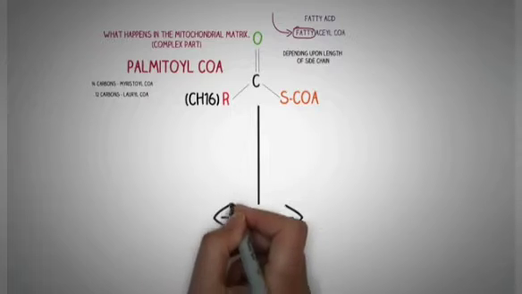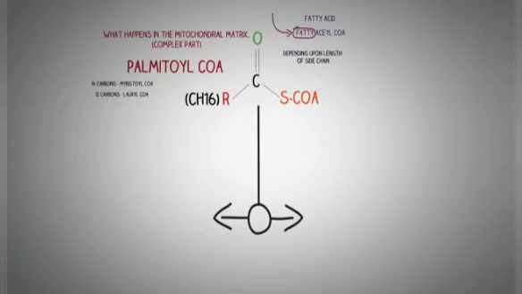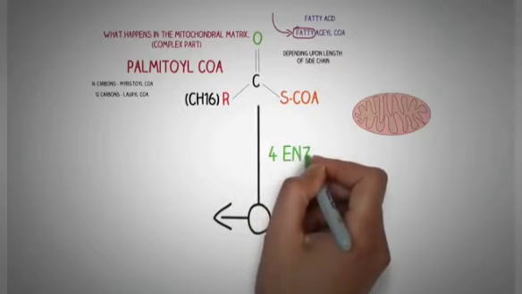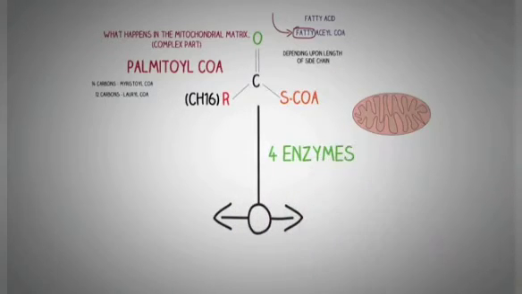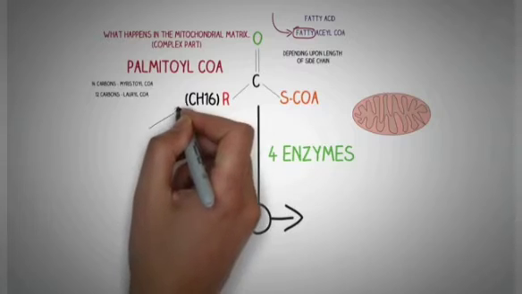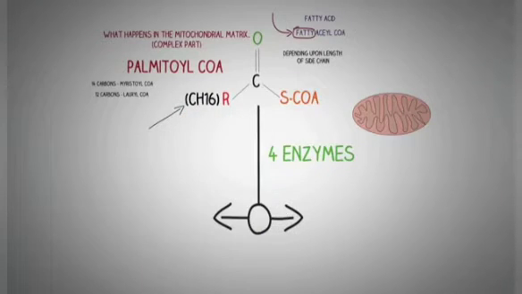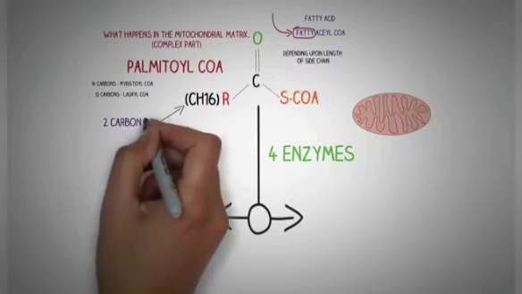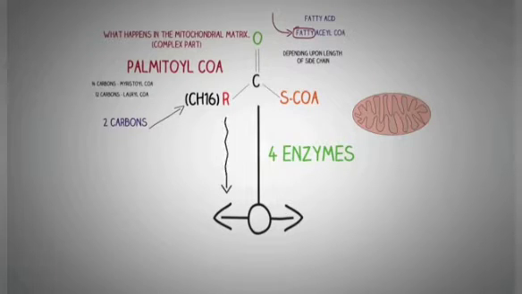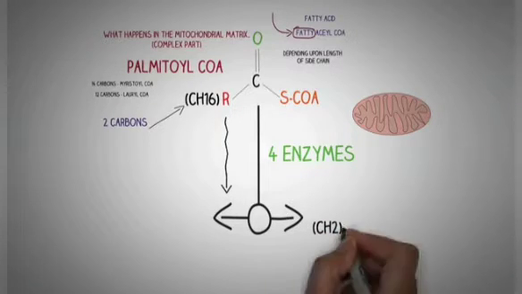When this fatty acyl CoA enters into the matrix of the mitochondria by the carnitine shuttle mechanism, it is acted upon by 4 enzymes whose main job is to remove 2 carbon atoms from the parent fatty acid. Now these reactions lead to generation of 2 molecules.